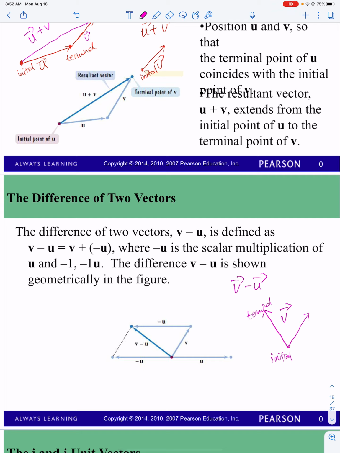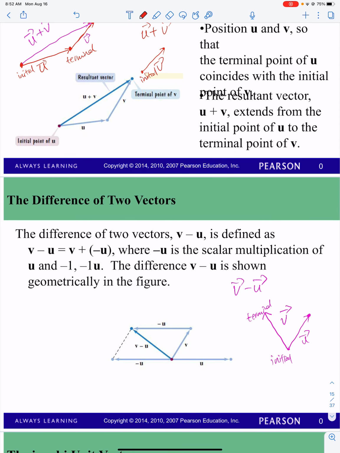We will put the two initials together. So if we use v minus u, the final direction should follow v. Okay, so this is v minus u.